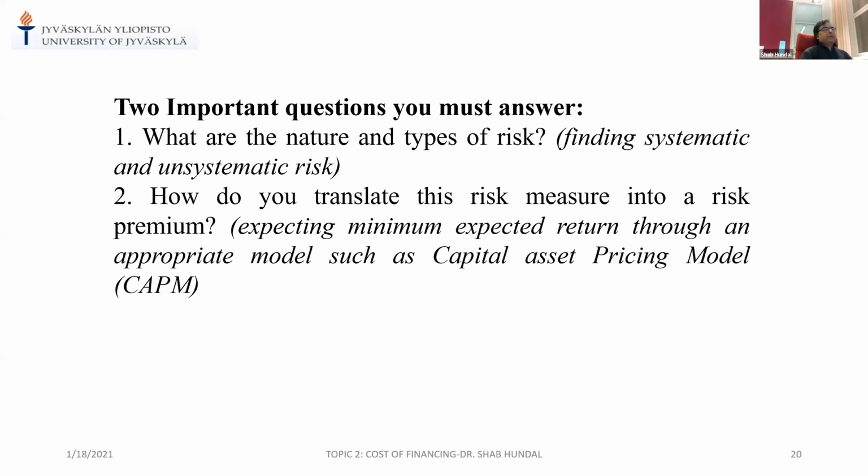Because after all, when you are calculating the expected return on equity, you are including this element of riskiness. How does this riskiness, which is a qualitative phenomenon, become a quantitative one, and how does it get added via risk premium when you are calculating the expected return on equity?